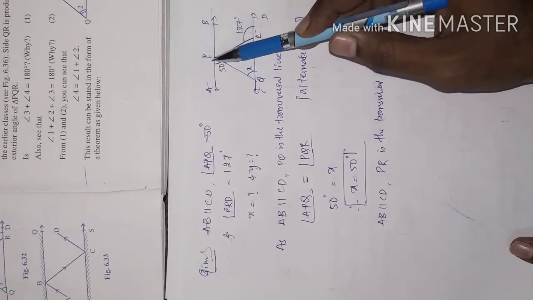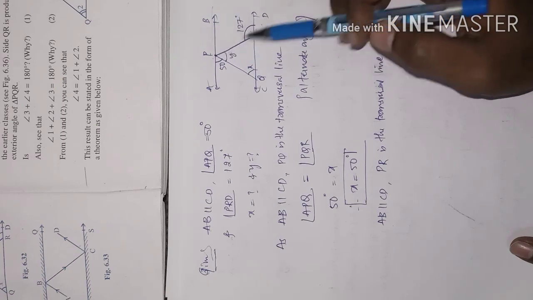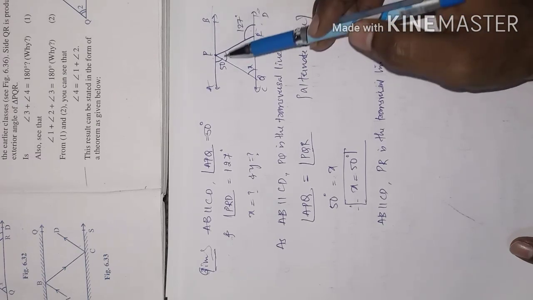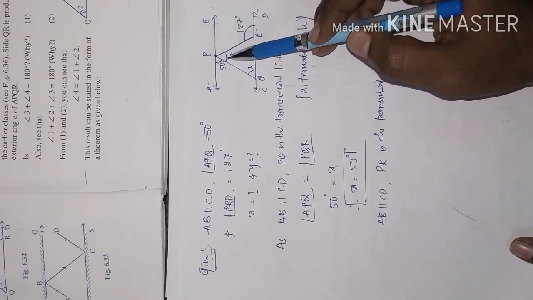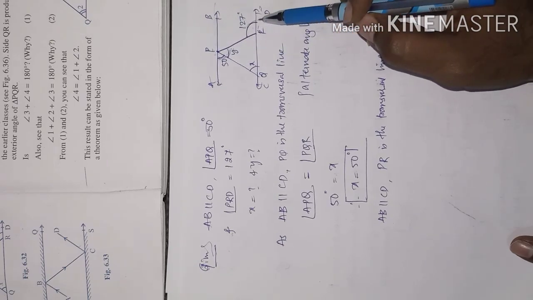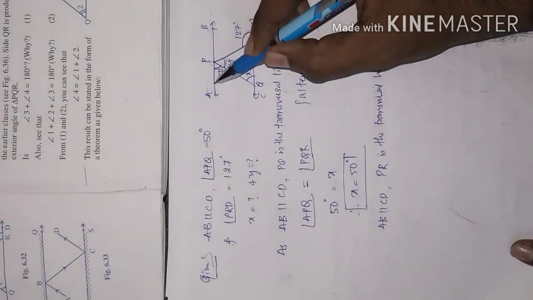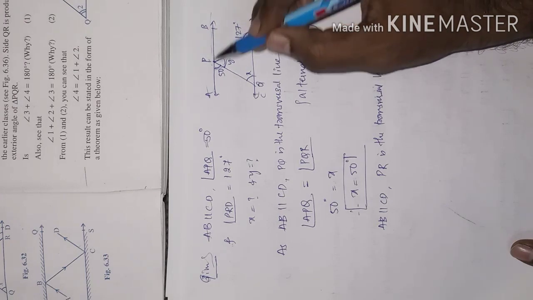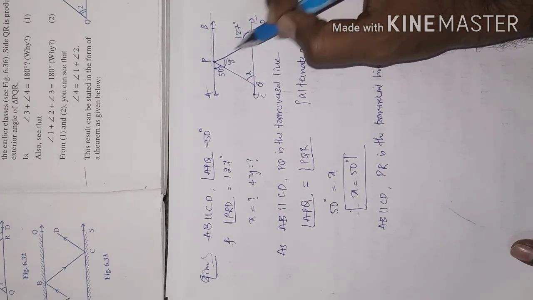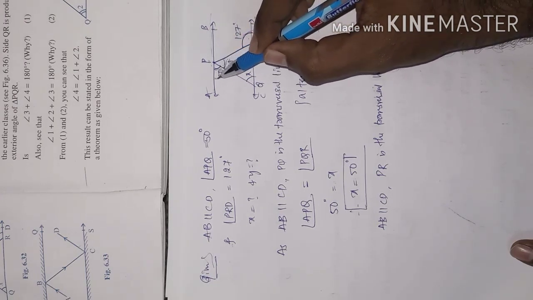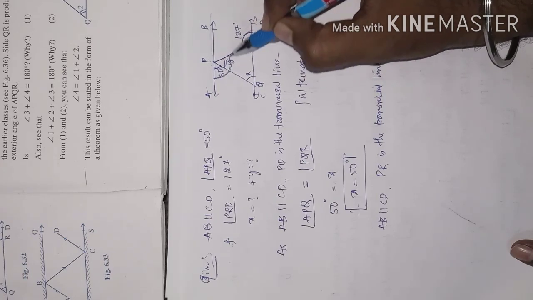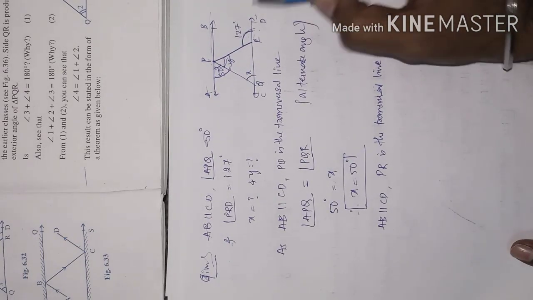Angle APR is equal to angle PRD. This complete angle, 50 plus Y degrees, is equal to 127. Why? Because these are two parallel lines and PR is the transversal line, so alternate angles come up here.